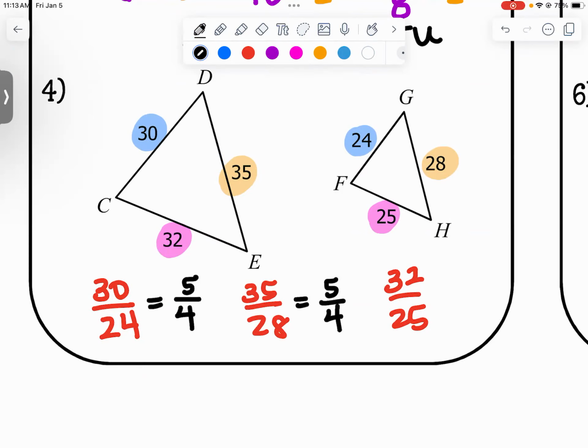Conveniently, 5/4. Uh-oh. Can we reduce 32/25? These triangles are not similar because our sides are not proportional. All 3 fractions have to be equivalent.